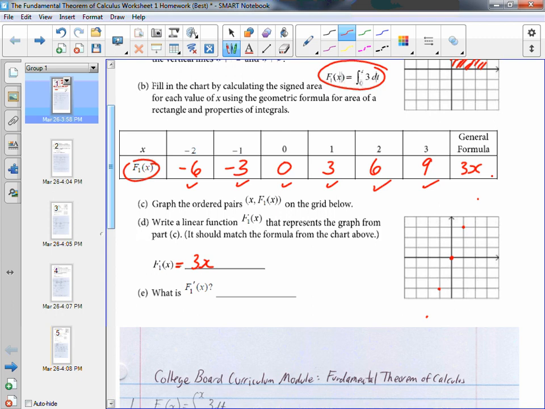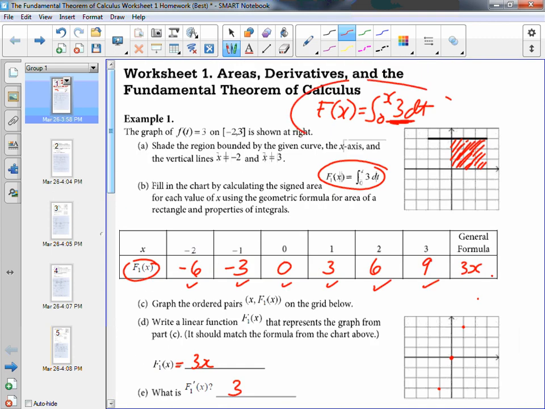Well, for part E, what is capital F prime of x? Well, we know that the derivative of 3x is 3. We also knew it from the way our function was defined.